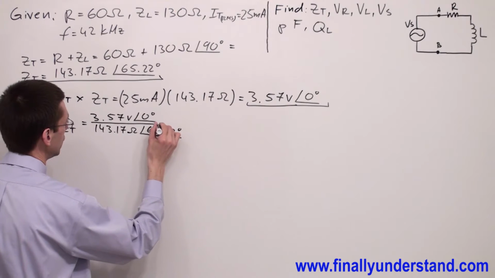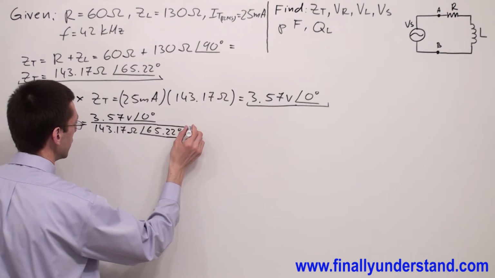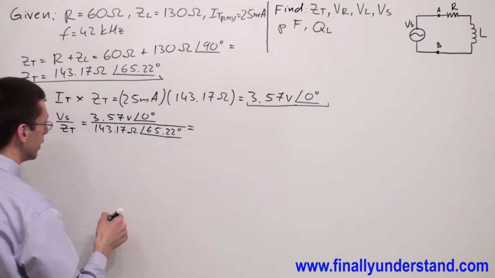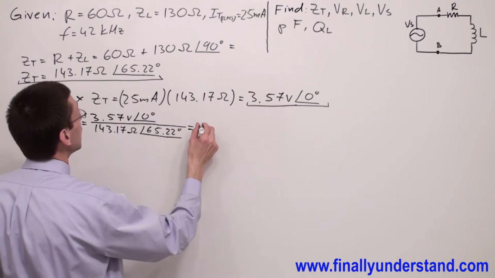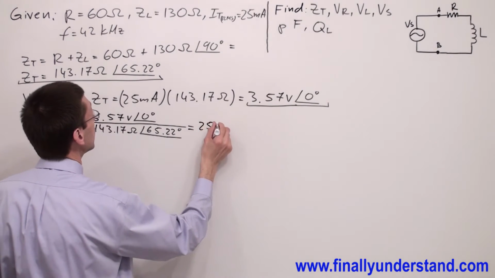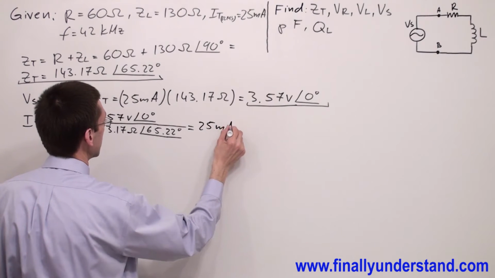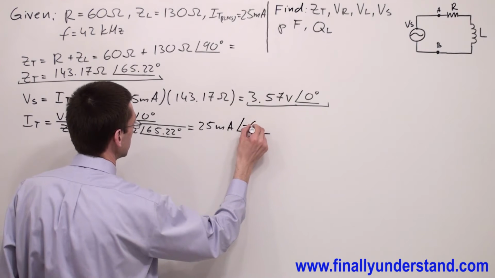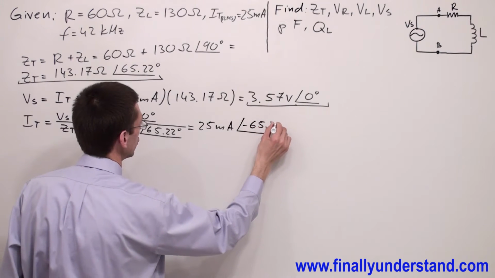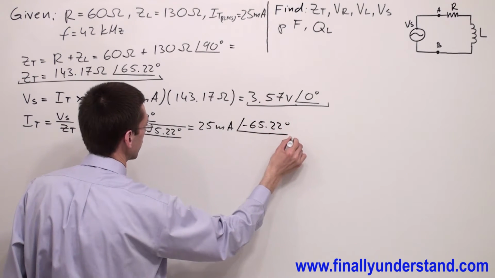Please notice that I'm doing everything step by step. So I have answer 25 milliamps, the same magnitude, and angle of negative 65.22 degrees.